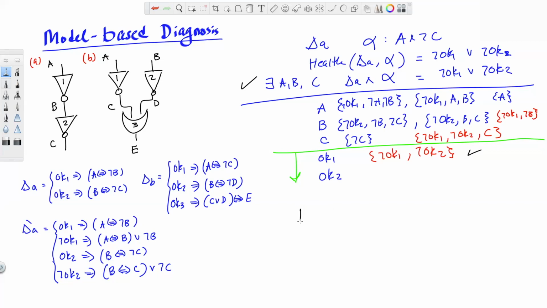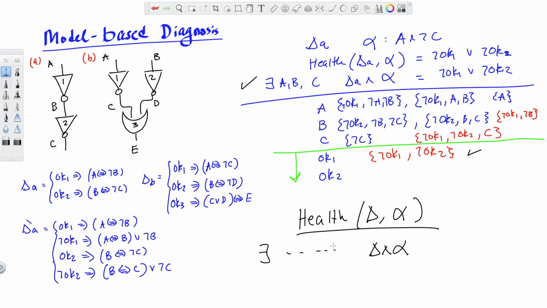The central notion here is that notion of health, or the health condition for a particular system description and observation. And you just told me how to do that, right? Take the conjunction and existentially quantify every variable but the health variables. That's the guy. And it's a Boolean formula.